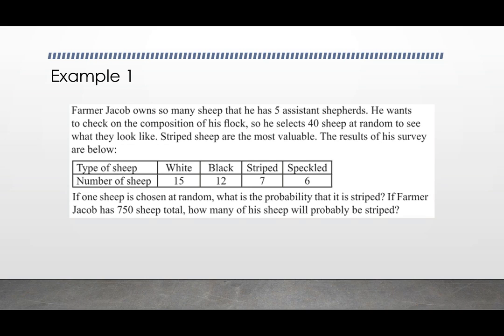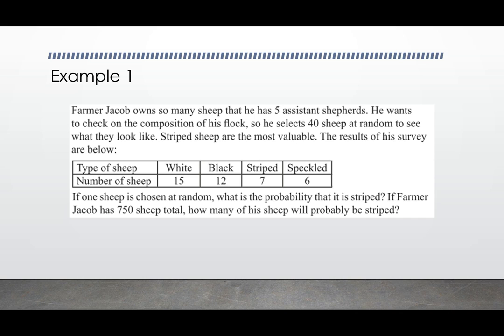So example 1, Farmer Jacob owns so many sheep that he has 5 assistant shepherds. He wants to check on the composition of his flock, so he selects 40 sheep at random to see what they look like. Striped sheep are the most valuable. The results of this survey are below.